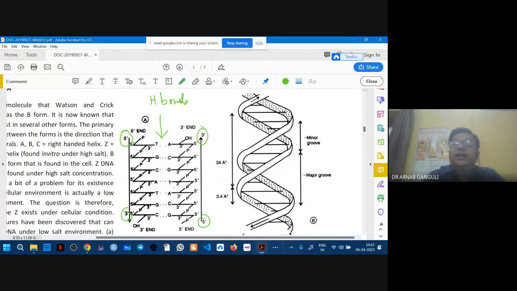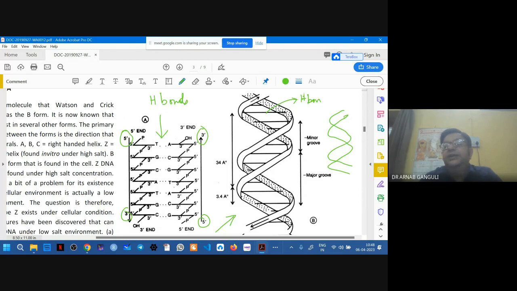So this bonding is actually the hydrogen bonding. So they are in this orientation, a spiral orientation. Goes on like this. So if it starts like this, it goes on like this.